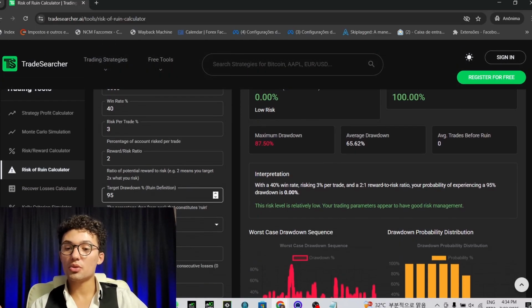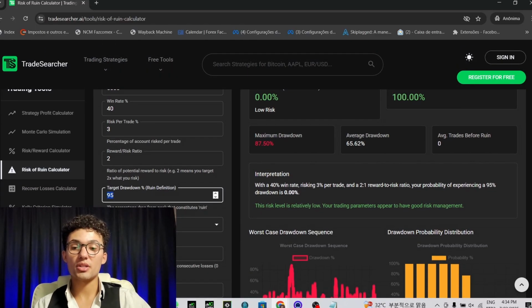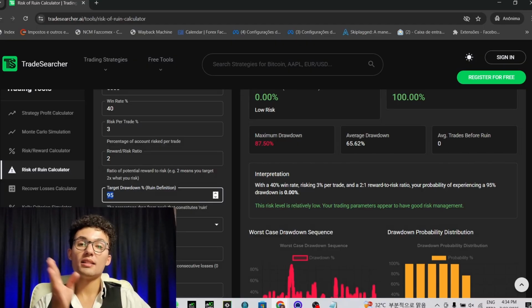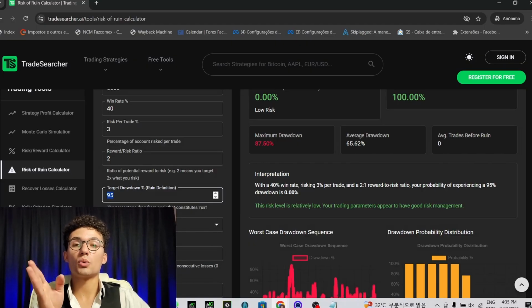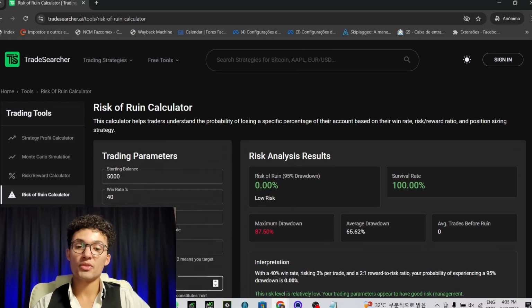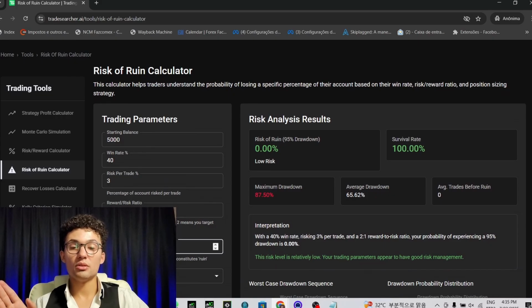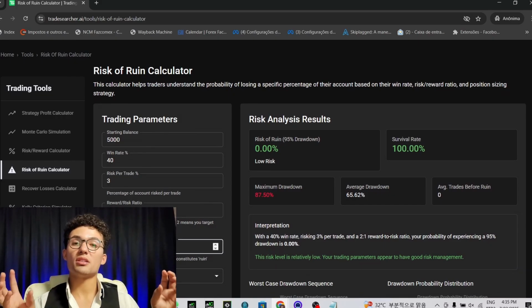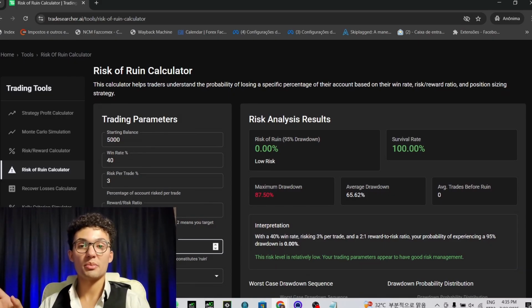It's impossible to hit the 95% drawdown. Okay, this is what we set here as a ruin. This is our ruin definition, 95%. But still, you didn't reach. It's 0% chance to reach the 95%.